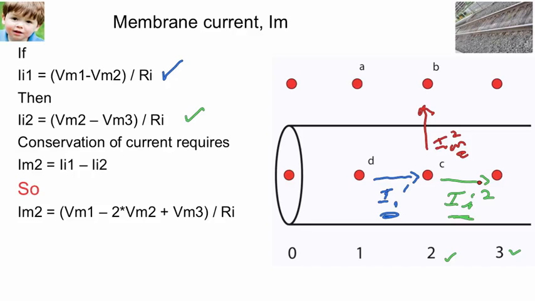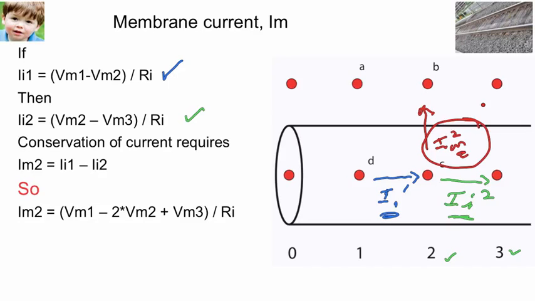And it is forced out, and that particular current that is forced out from the inside to the outside, we call that Im2. The same thing is true, of course, in the other direction. If I1 is tiny, Ii2 is big, then Im2 has to also be the difference, but this time it'll be a negative value because it'll be coming inside.